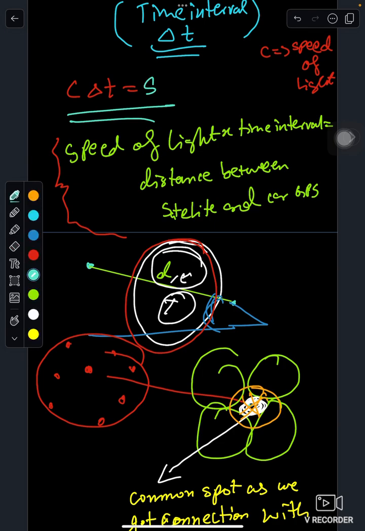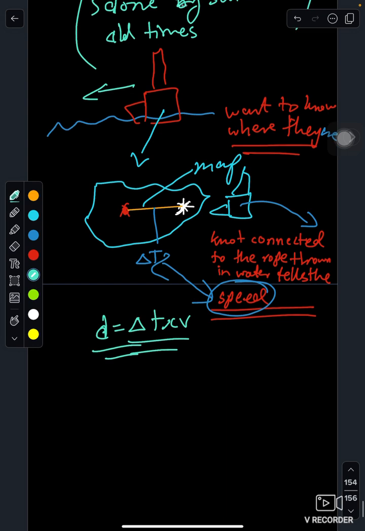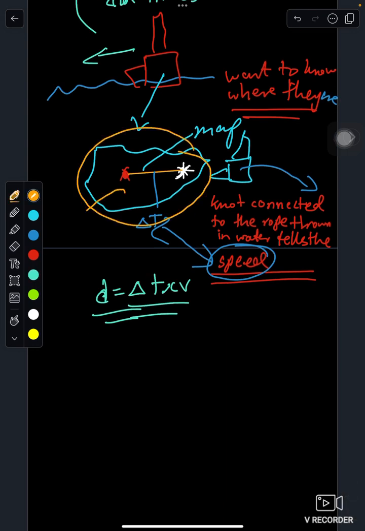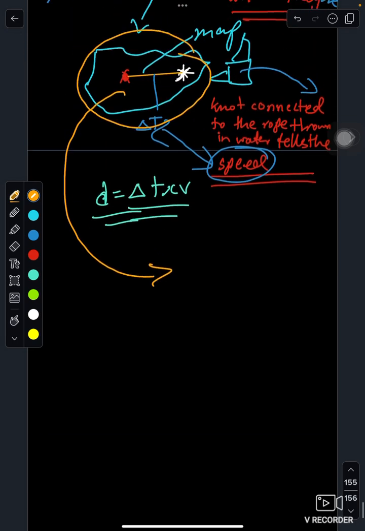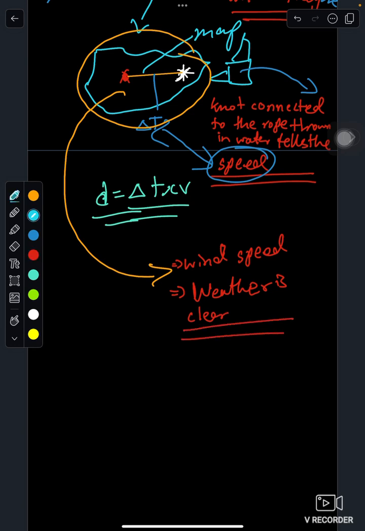But here some things are kept negligible: wind speed, and the weather is clear. These are things ignored.